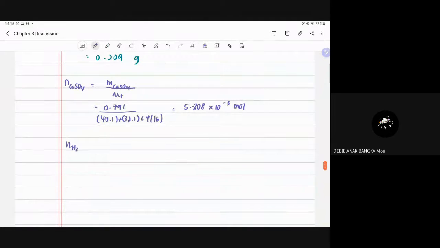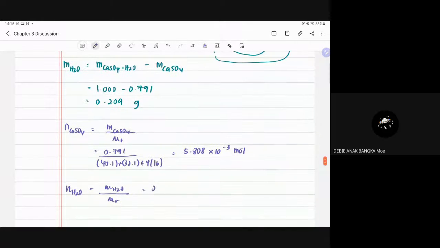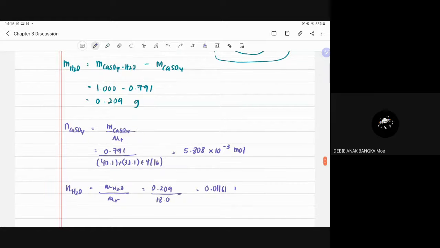N of H2O sama dengan M of H2O bagi MR dia bersamaan dengan 0.209 bagi dengan 18.0. Ini adalah molar mass of water. So you should get 0.01161 mole. Okay. So ini adalah bilangan mol dia.